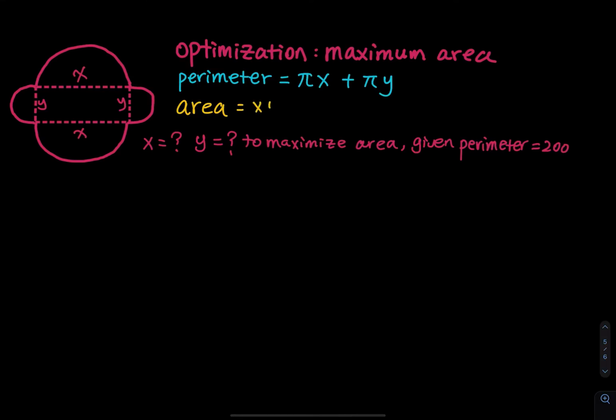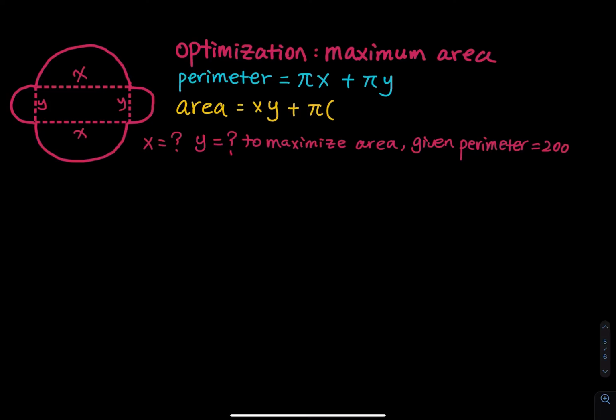So what is the area of the rectangle in the middle? That is x times y. And then how about the area of the smaller semicircle? We can treat that as one circle because we have two pieces. The area of a circle is pi r squared. Let's do the bigger circle first.